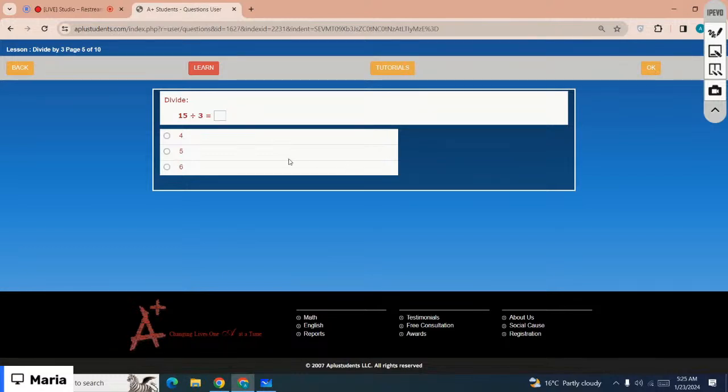The correct option is 5. You need to count the table of 3 until 15. The answer is 5. Got it?